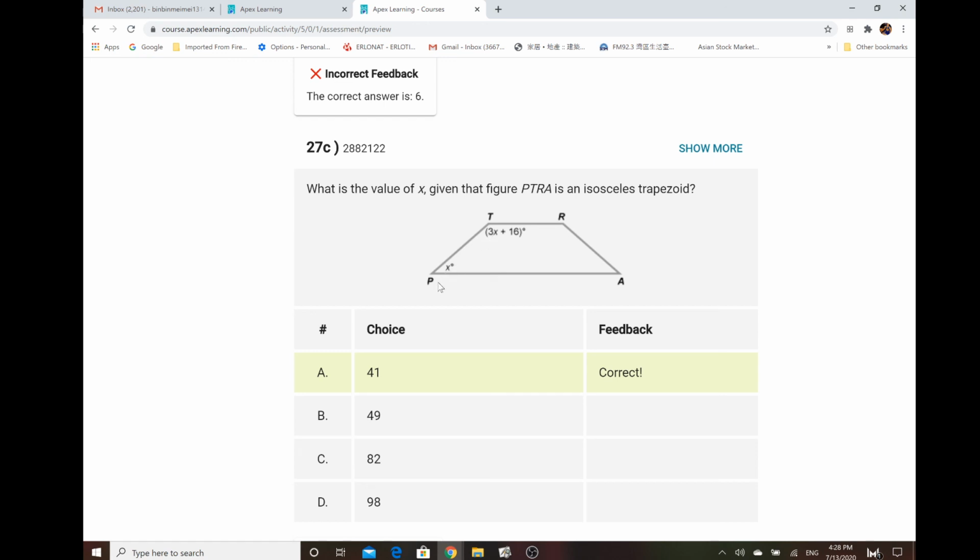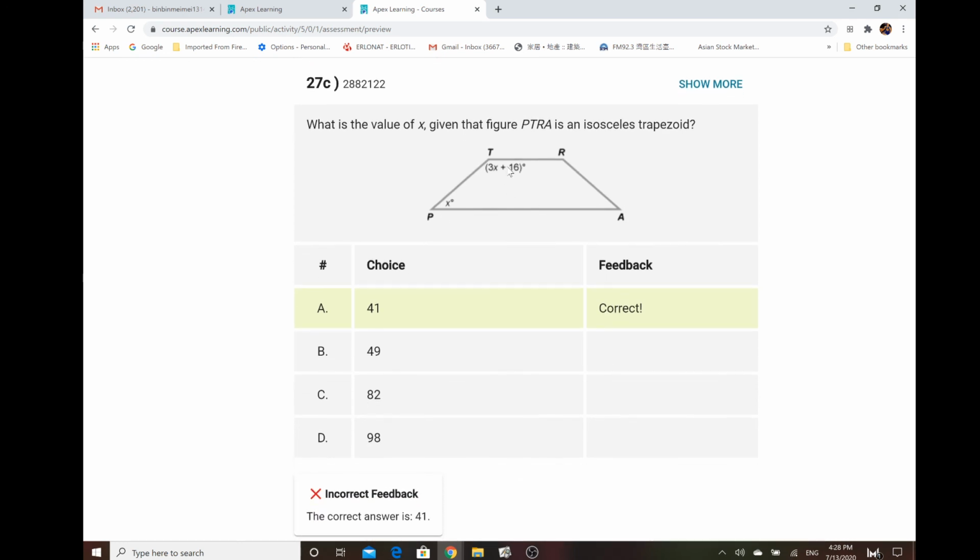So 3x plus 1x is 4x, plus 16 equals 180. 180 minus 16 is 164, divided by 4, so it's 41. Again, combine these two angles together, set that equal to 180, and then solve for x.